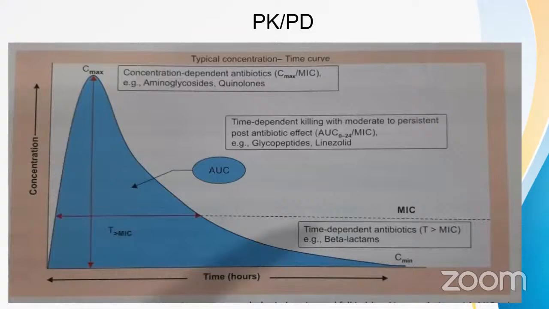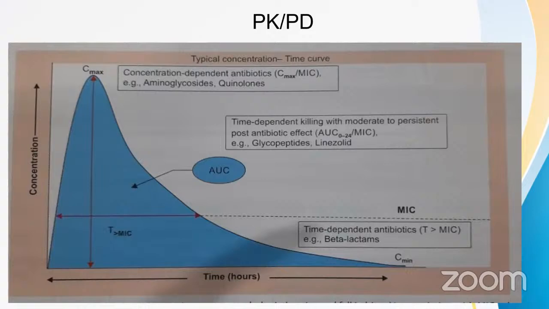Here we see PK/PDs, where you see concentration-dependent antibiotics like aminoglycosides and quinolones. The Cmax is important, so Cmax by MIC. Cmax should be at least 3 to 4 times the MIC.